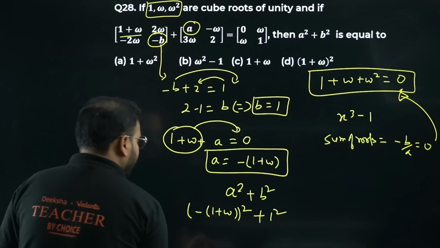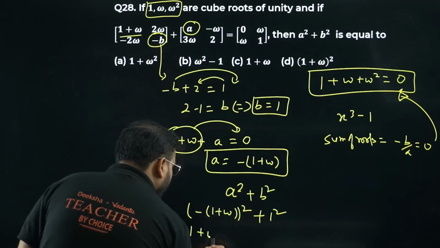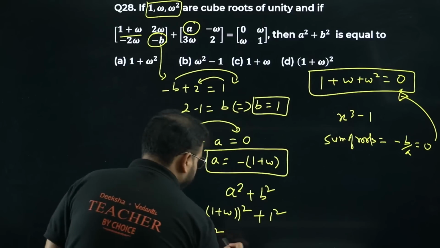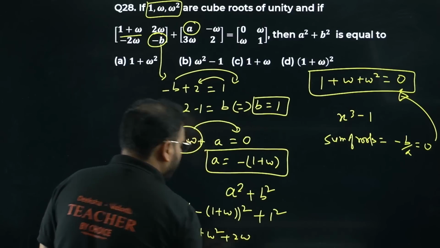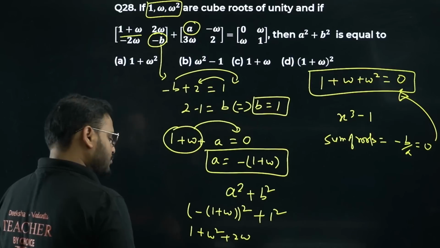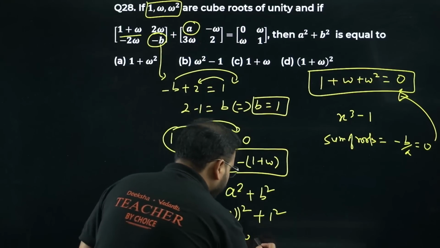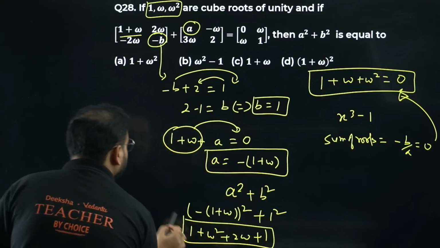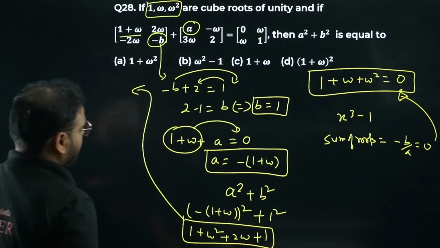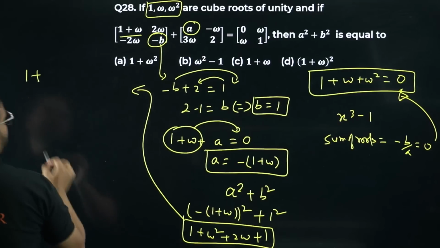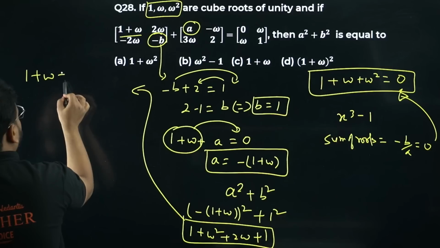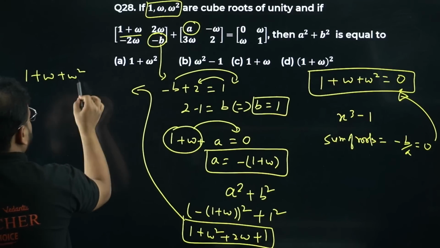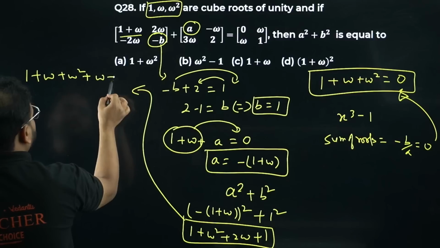Please check. I'm going to get from here 1 plus omega square plus 2 omega, right? 2 omega, okay, plus 1. All right. Have a look. I'm going to take this step over here as 1 plus omega square plus omega plus 1.